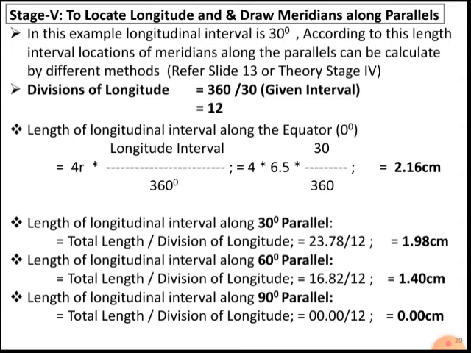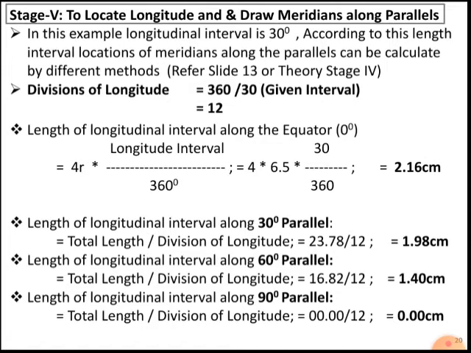Once you have done this, you will have the picture on your paper with the complete parallels and the complete circle of the 90-degree east and west meridian, the vertical prime meridian, and the marks of longitude along the different parallels.